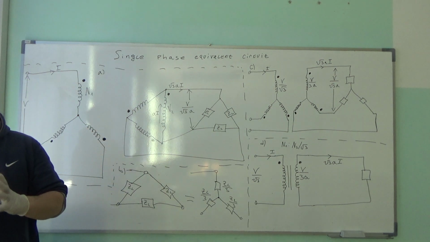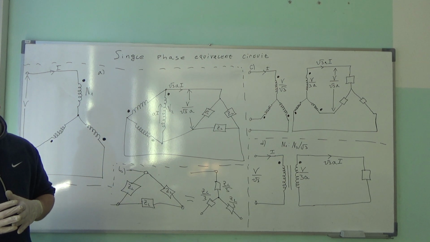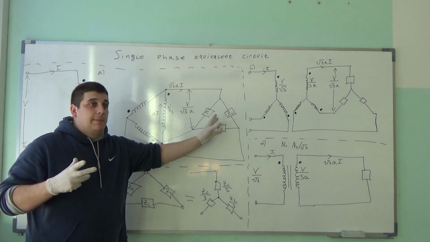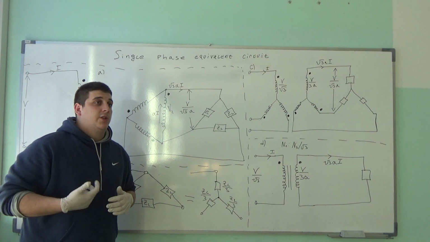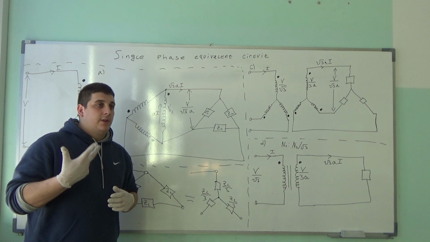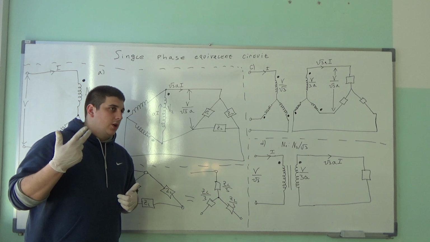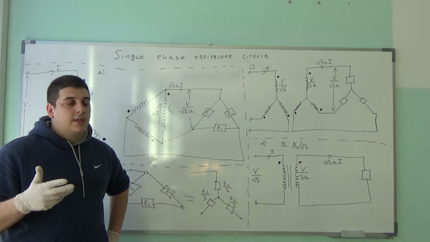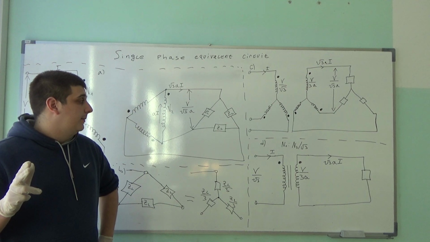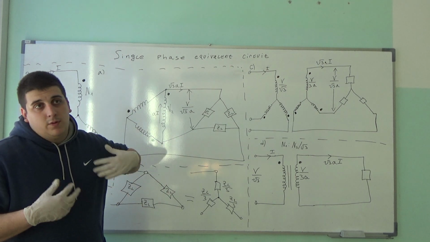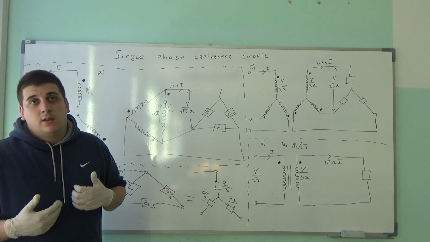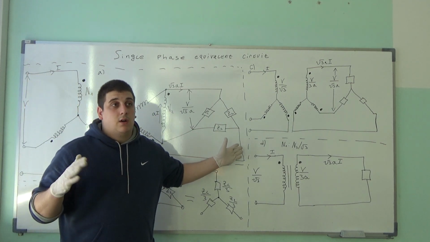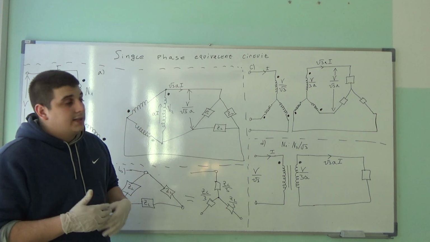Now, if we have a delta with 3 loads that are usually the same. When we are learning electrical machinery, there is, for example, an induction motor, where all 3 phases have the same load, which in real life of course isn't the case, and in household areas, district areas and industry not all of these are the same, but let's say they are the same.